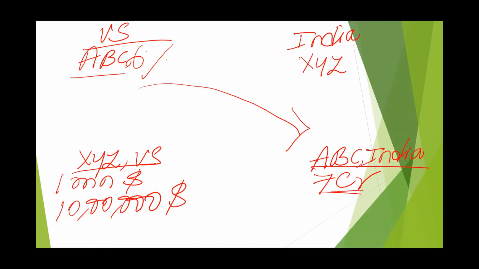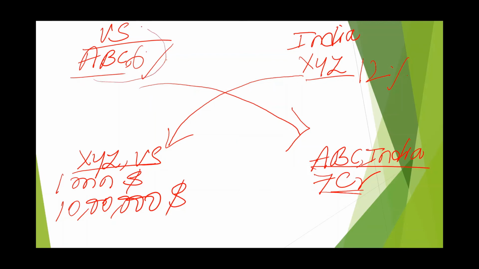In the same way, the XYZ Indian company can raise 1 million dollars worth in India itself at a rate of 12%, but they need to convert into dollars. They are also facing the problem of exchange rate risk.